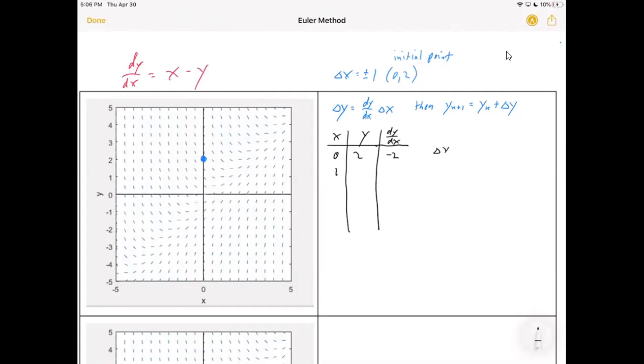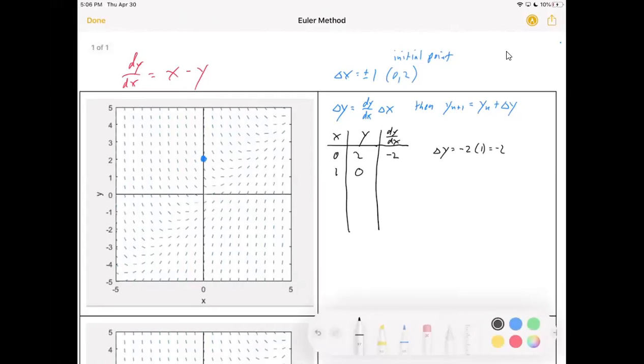We need to find what delta y is. Based on our little formula, we take the slope. We know that y should be dropping by 2 units every time x goes up by 1, and you multiply that by delta x, which is 1, and so that gives you negative 2. So if that's a negative 2, then we should drop by 2 from where we were, which was 2. So that brings us down to (1, 0).